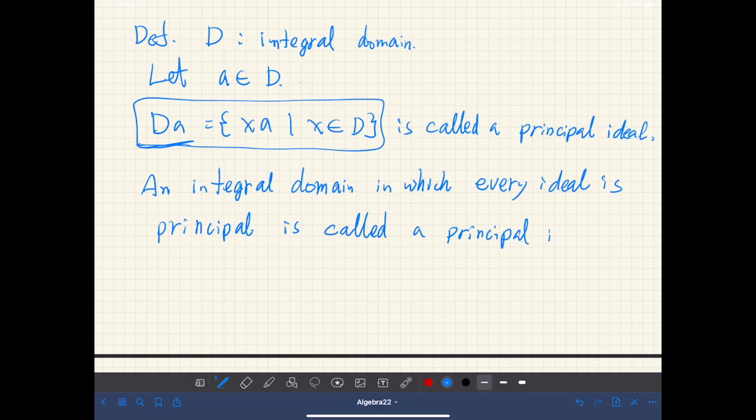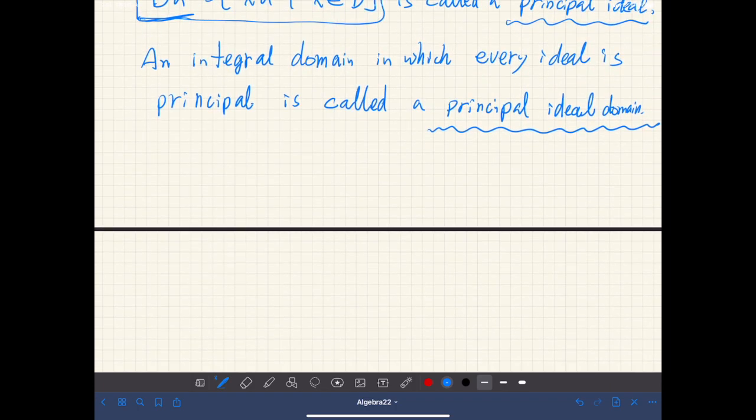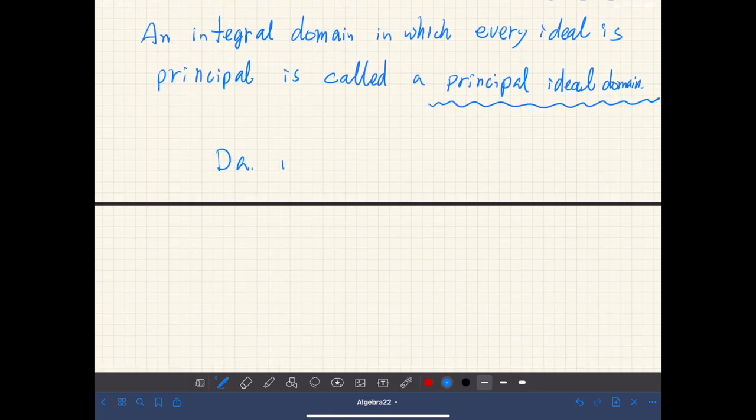As we have explained previously, (a) is an ideal of D, of course. And (a) plus (b), where a and b are some elements of D, is also an ideal.